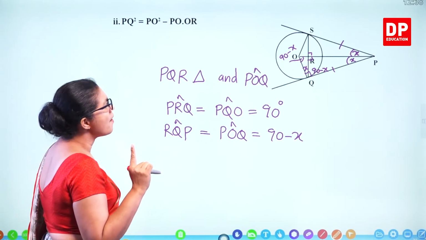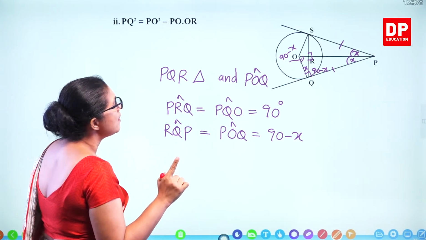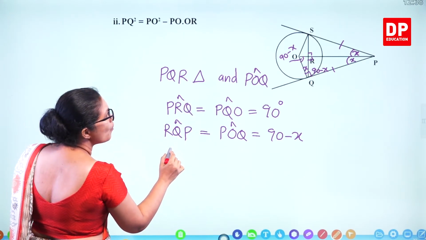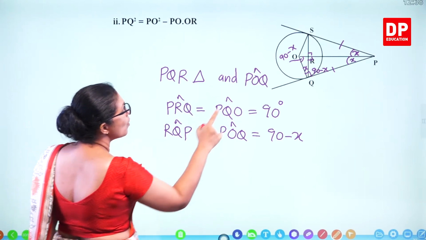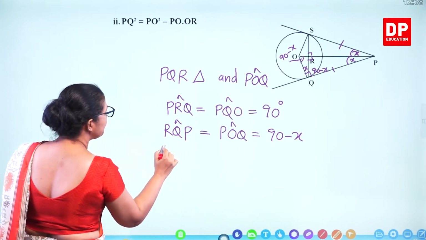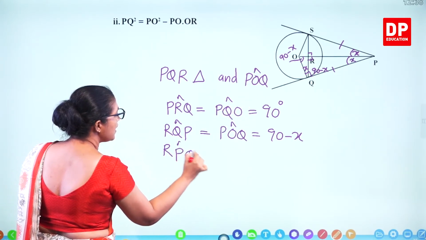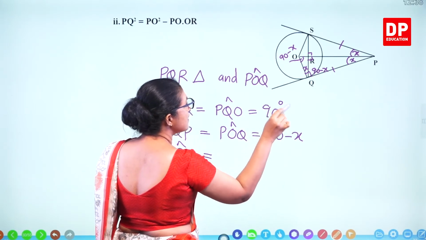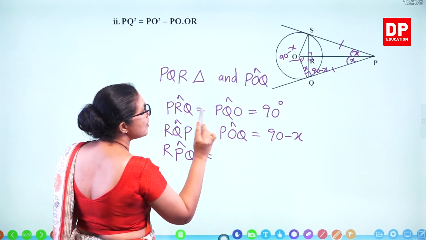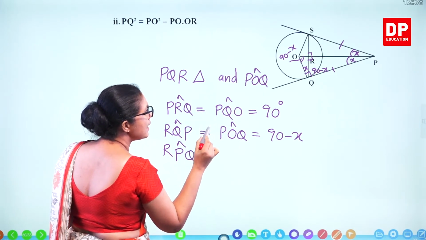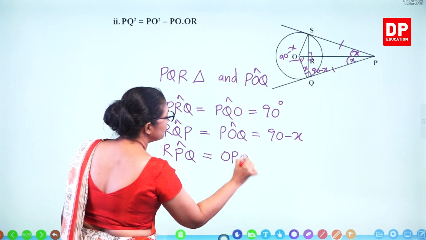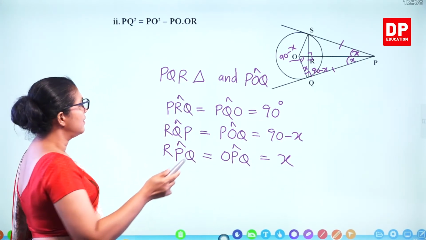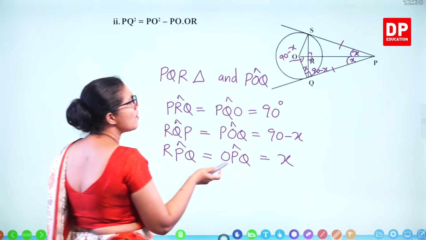Now we have RQ and then P angle is the same. When you take PQ, this angle RPQ and the same angle P, if you take the big one, OPQ, that's X. All three corresponding angles are equal.